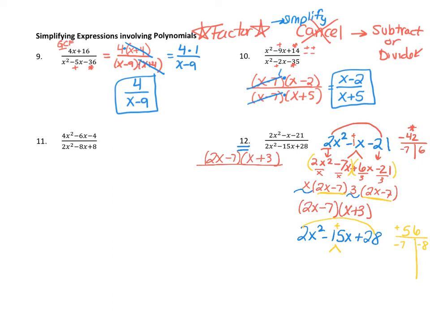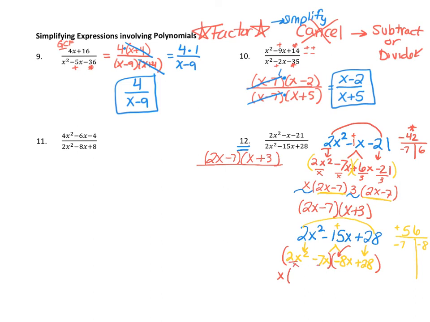I'm going to split my middle. So negative 7x minus 8x. Bring down the last term. Bring down the first term. And now I can factor by grouping. Careful, notice I kept this negative inside the parentheses. So the GCF of the first pair is going to be x, kind of like before.